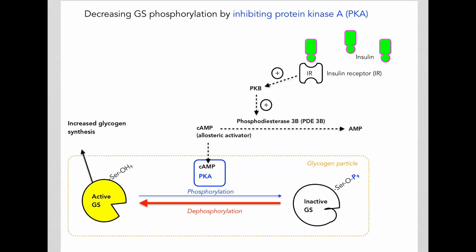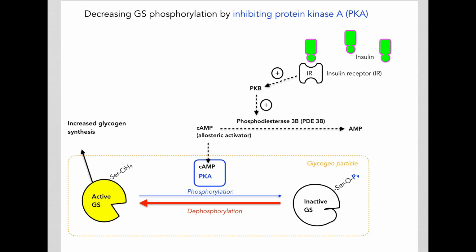Now let's see how insulin reduces the activity of PKA. Now protein kinase A is very strongly, allosterically activated by this chemical called cyclic AMP. Now cyclic AMP is broken down into AMP by an enzyme called phosphodiesterase 3B or PDE3B.